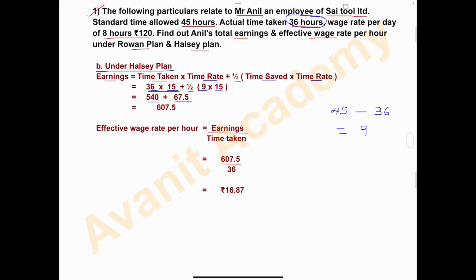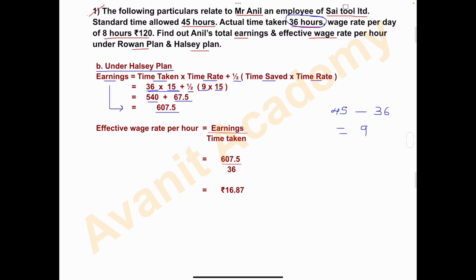Add it: 540 plus 67.5, answer is 607.5. So under Halsey plan, earnings of Mr. Anil is 607.5.